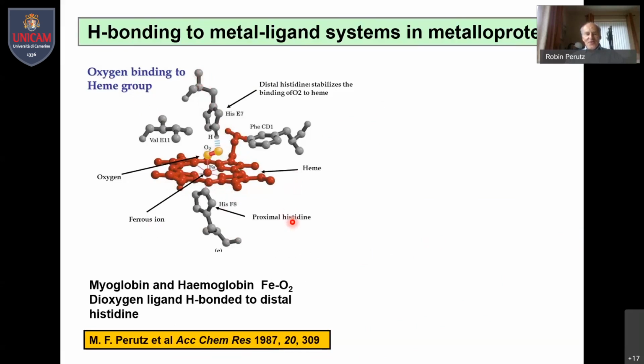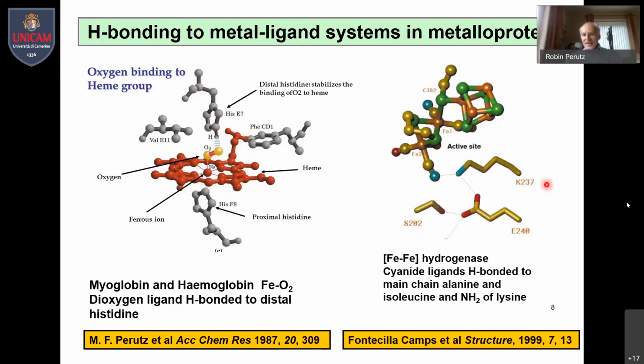So that's called the distal histidine because it's a little further from the iron than the histidine that is directly bonded to the iron, and that's underneath in this picture. So the dioxygen to histidine hydrogen bond is critical to the behavior of these oxygen carriers.